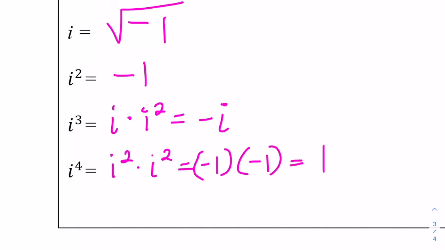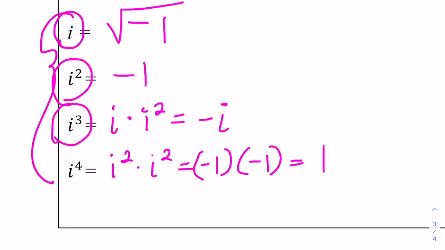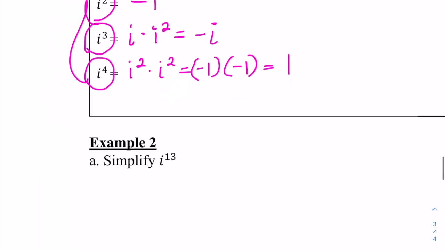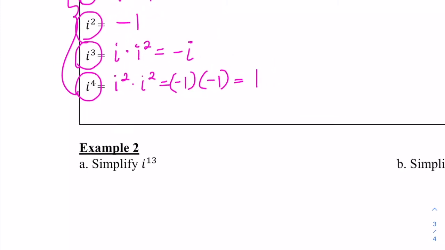So if you notice, the powers of i repeat every 4. i is just i, right? i squared is -1. i cubed is -i. And i to the 4th is 1. So let's look at i to the 13th.